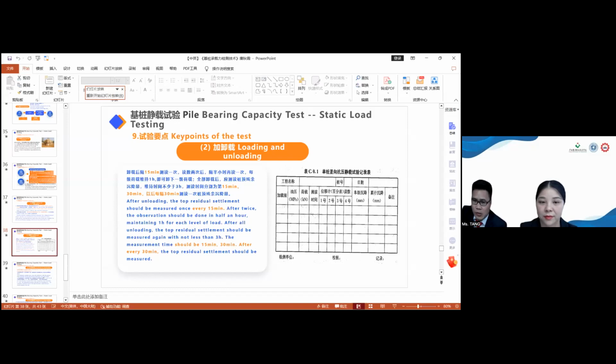The instrument or device we use to acquire the data is based on this record table. If you don't want to use this equipment, you can also record manually and fill in this table.